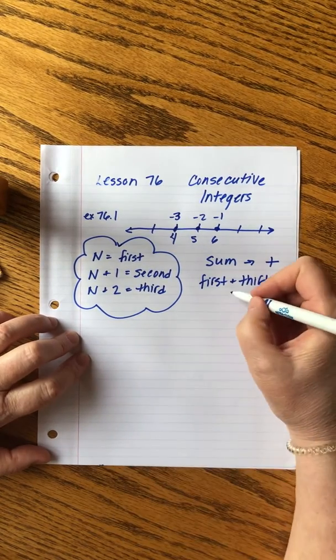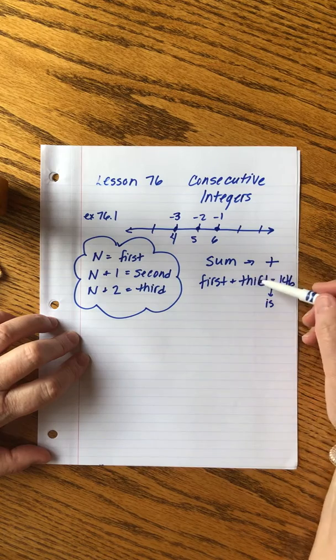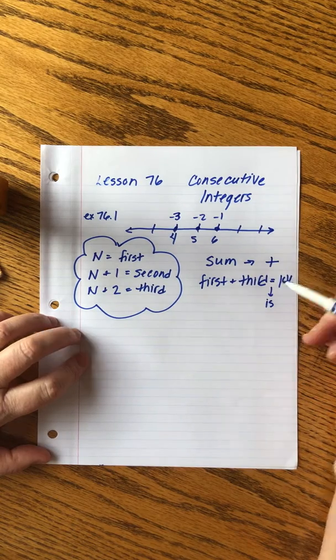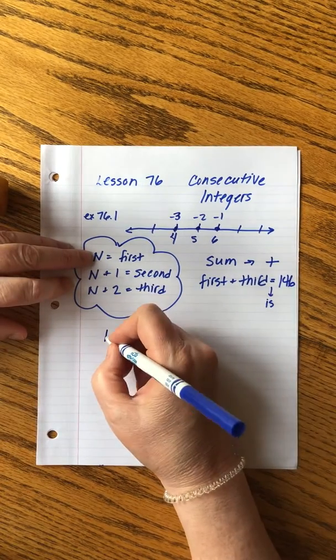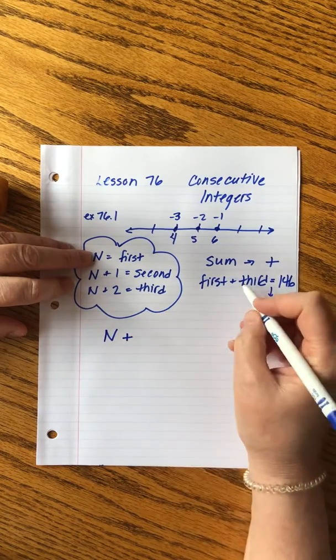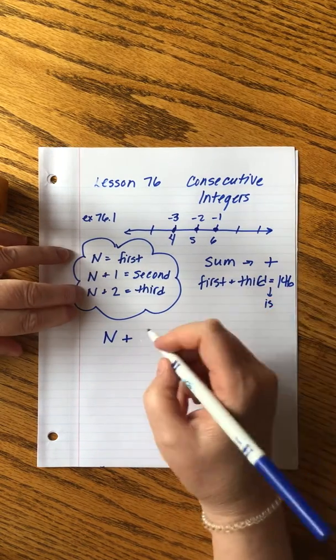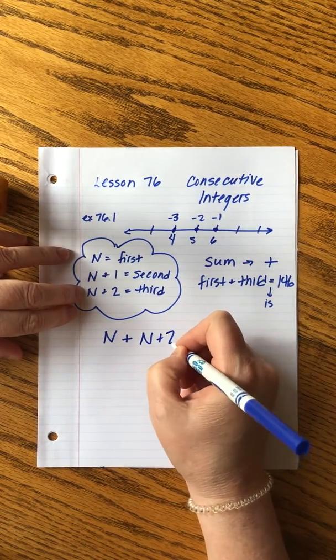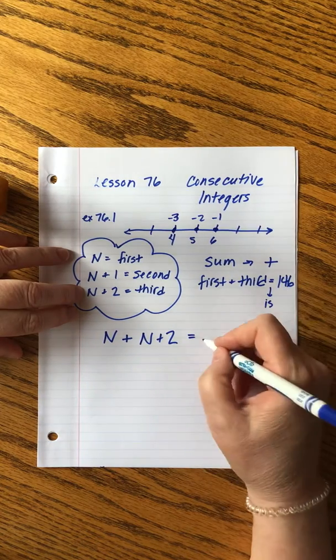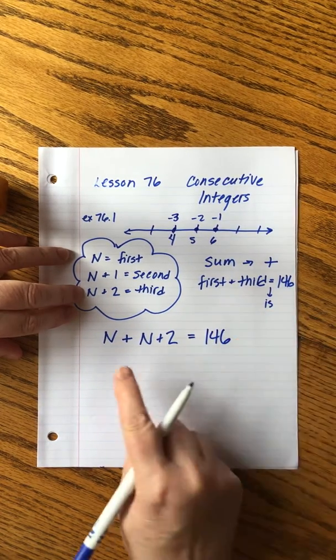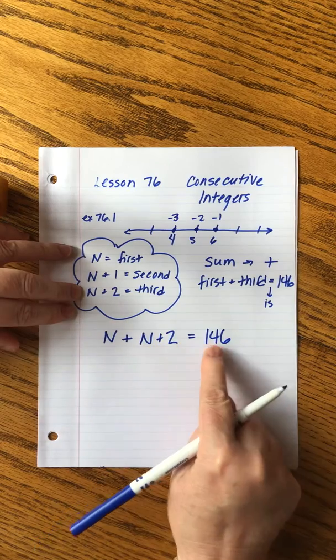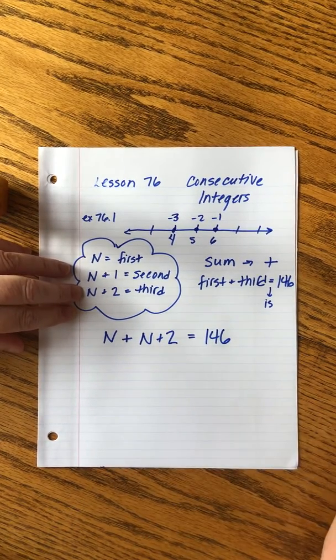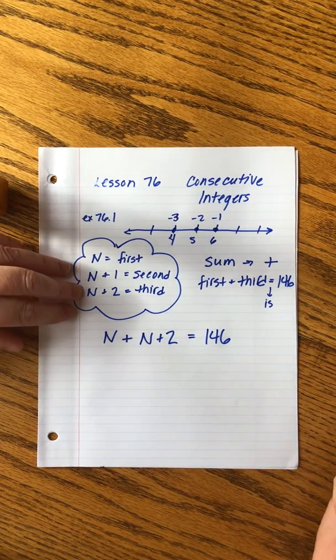Okay? The sum of the first and the third is 146. So the first is n. We add the third, n plus 2. And the total is 146. The sum of the first and the third is 146. That's the second hard part, is setting up the equation.